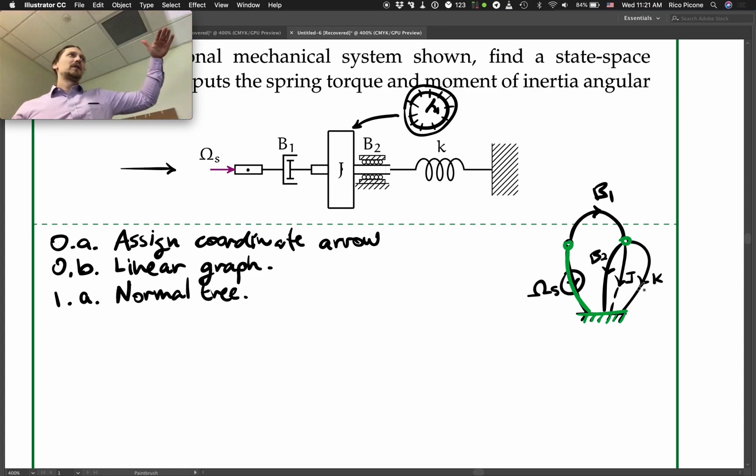A-type energy storage elements are next, right? So there's our J, our moment of inertia, is an A-type element. So good there. And then it would be D-type, right? So there would be the dampers, B1, B2. But if you select B1, you create a loop. You select B2, you create a loop.